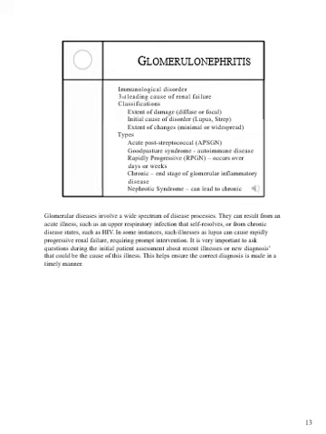In some instances, illnesses such as lupus can cause rapidly progressive renal failure requiring prompt intervention. It is very important to ask questions during the initial patient assessment about recent illnesses or new diagnoses that could be the cause of this illness. This helps ensure the correct diagnosis is made in a timely manner.